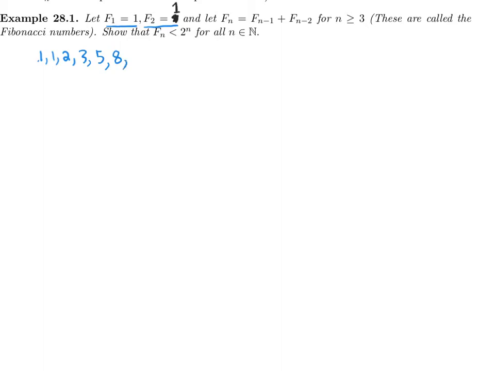F7, 8 plus 5 is 13. We'll do one more. F8, 13 plus 8 is 21. And we can keep going like that forever. This is called the Fibonacci sequence, or the Fibonacci numbers.